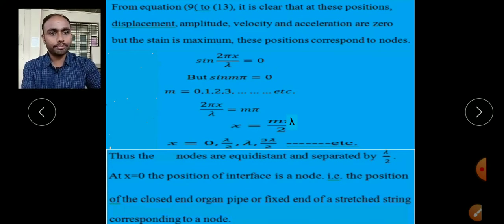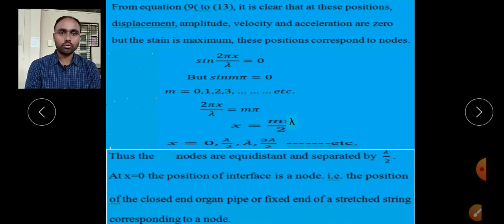So, if we compare these two equations, we get sin m pi is equal to sin 2 pi x by lambda. If we take the sine inverse, then what we get is 2 pi x by lambda is equal to m pi. And if we cancel, pi will get cancelled, and finally we get x is equal to, lambda goes to the numerator, m lambda by 2. What is x? X is the position of that corresponding point.